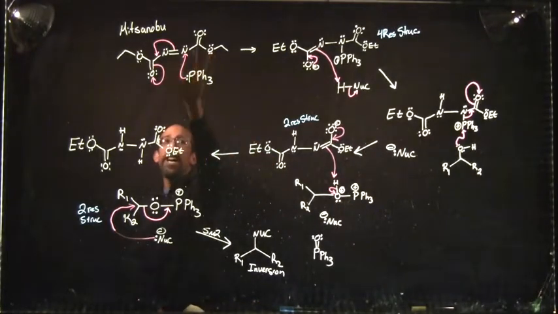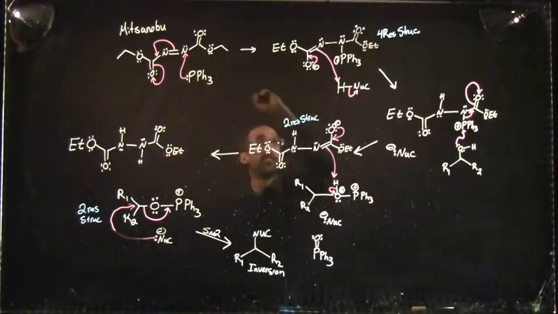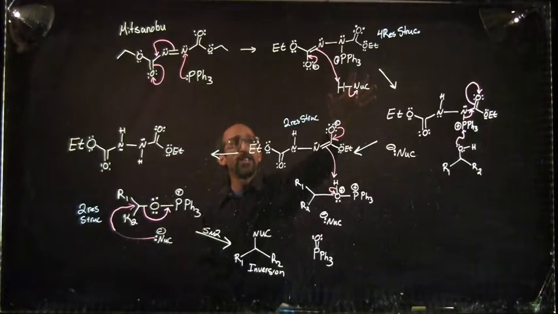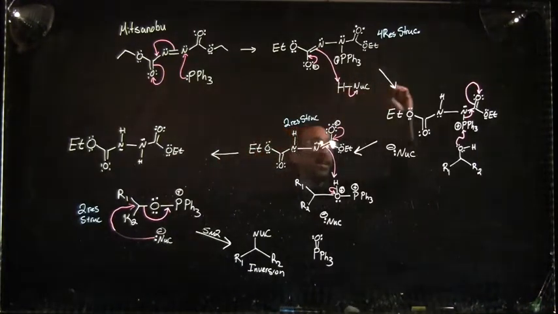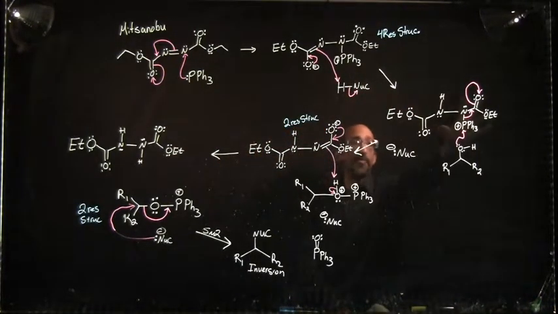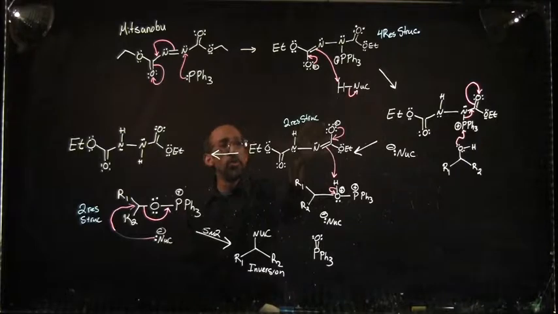We start off with DEAD and triphenylphosphine, go to form our betaine, which has 4 resonance structures. Our betaine deprotonates our weakly acidic nucleophile, at which point we come to this intermediate. Our alcohol can attack into phosphorus at this point, which breaks our phosphorus-nitrogen bond and generates this new intermediate from DEAD, which has 2 resonance structures we need to know.